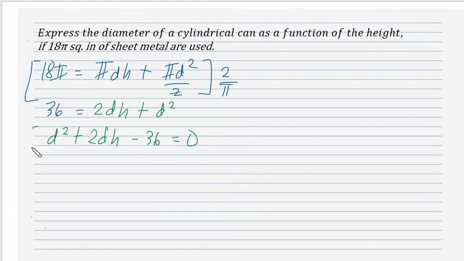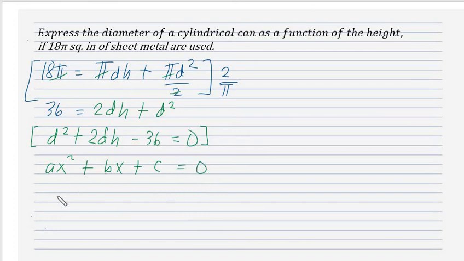Now this equation should remind you of the basic quadratic equation, algebraic. Let's recall our algebra. The quadratic equation is ax squared plus bx plus c is equal to 0.